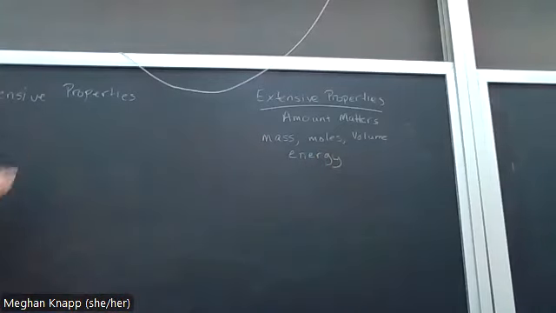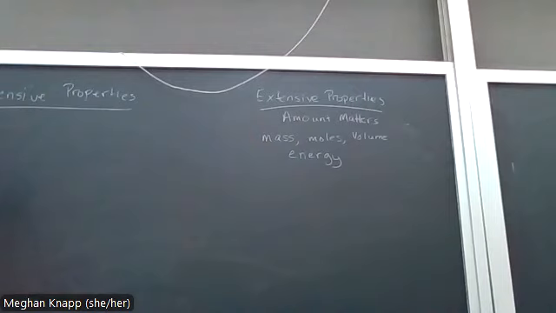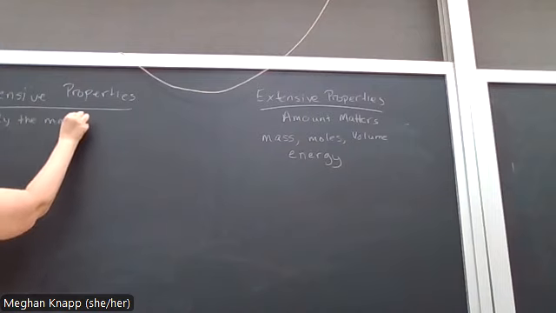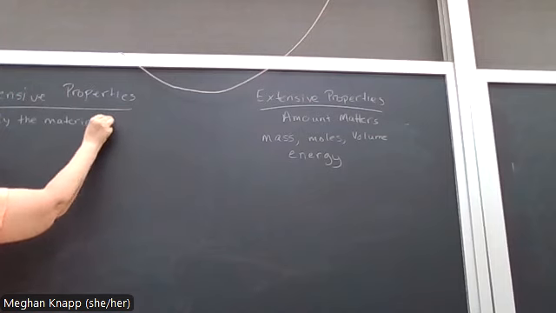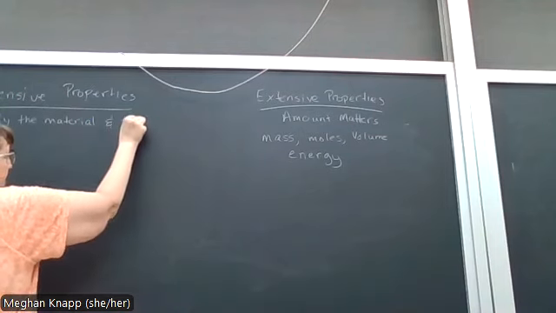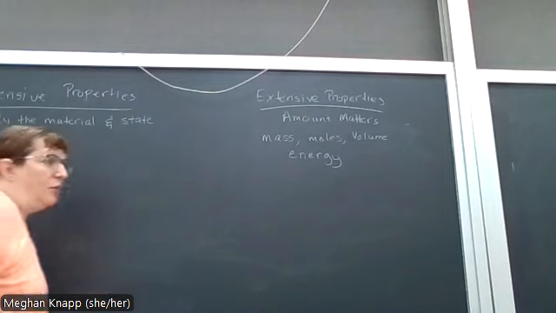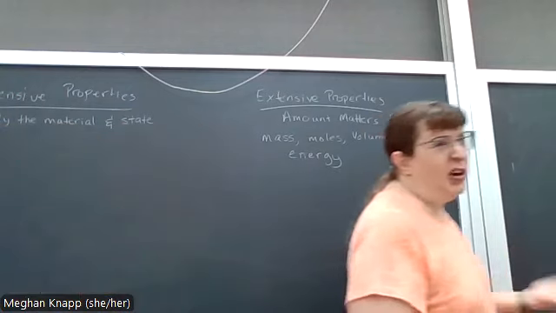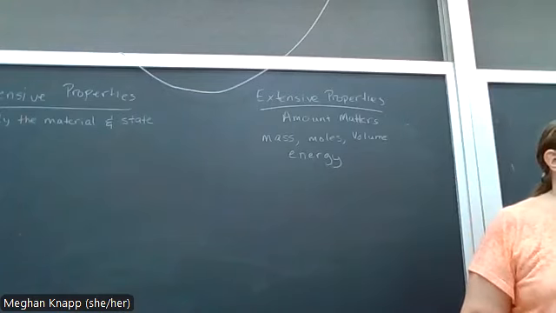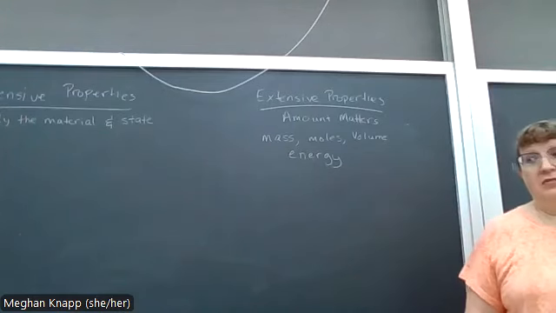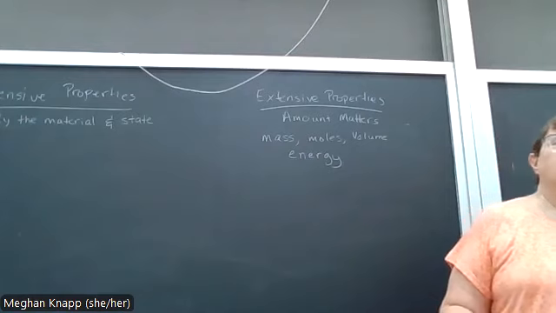With an intensive property, the amount doesn't matter. So here we are looking at only the material, so what it is, say water, and the state. The state might be something like, is it a solid, a liquid, or a gas? Or it might be, is it 100 degrees Celsius or is it 0 degrees Celsius?